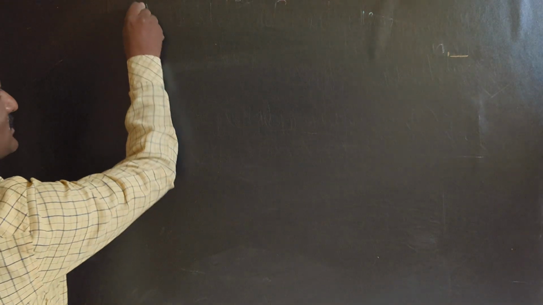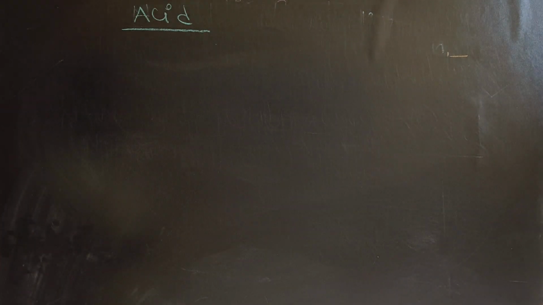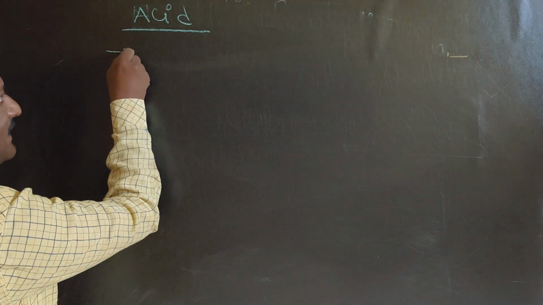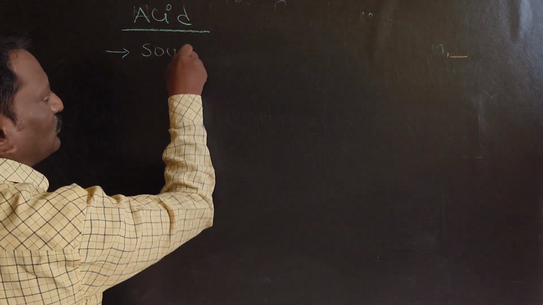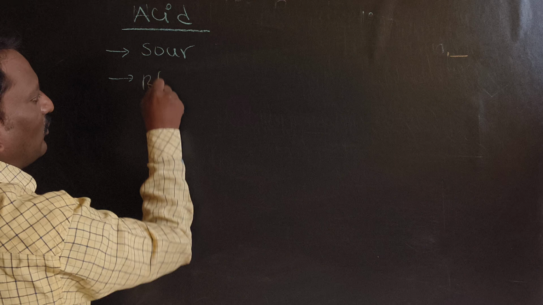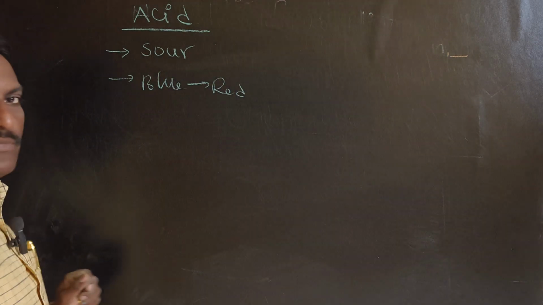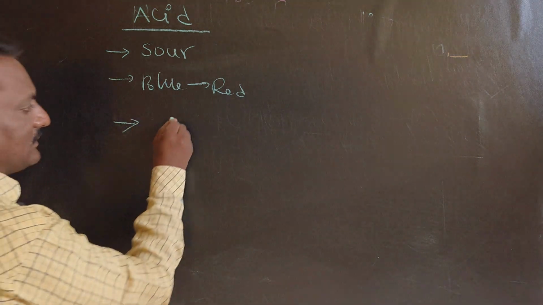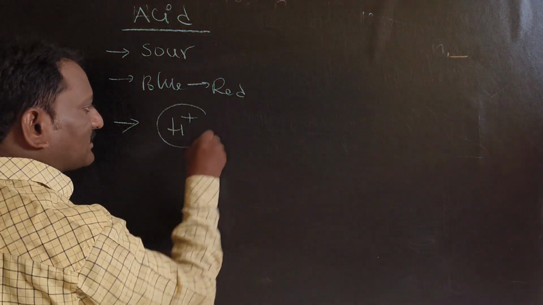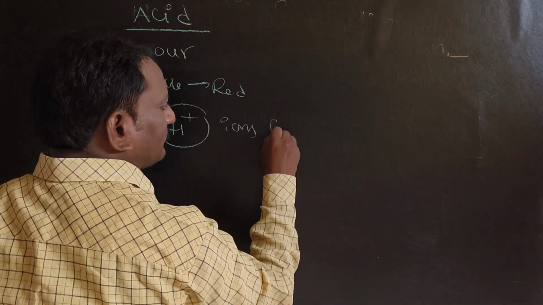Let us discuss what is meant by an acid first of all. An acid is a chemical substance that is sour in taste and turns blue litmus to red. Not only that, acids are ready to produce H plus ions in water.